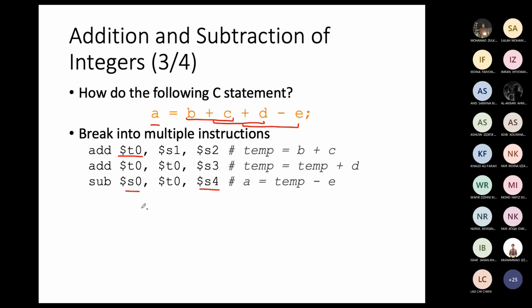Yes. Here, another style: A is equal to B plus C plus D minus E. First I can add B plus C, and then the next instruction, I can subtract, because the priority is the same.